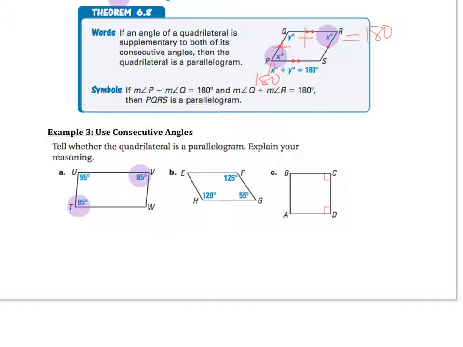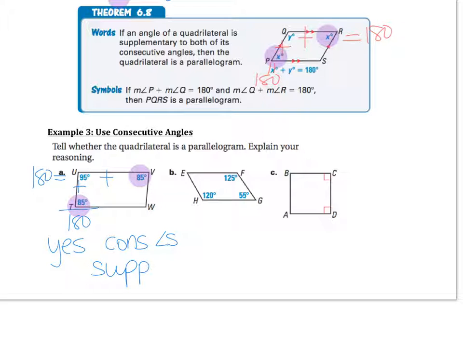I have opposites are congruent. So I need to look and see, 95 plus 85 is 180. So it will equal 180 in both directions. So yes, and this would be consecutive angles supplementary, or angle U is supplementary to V and T.